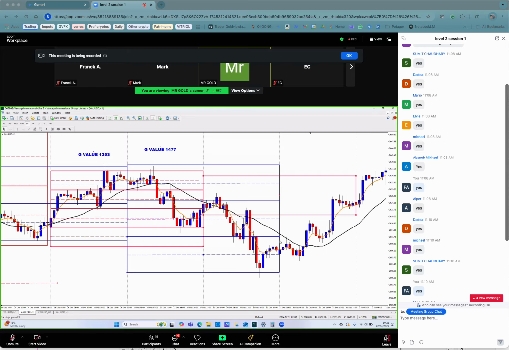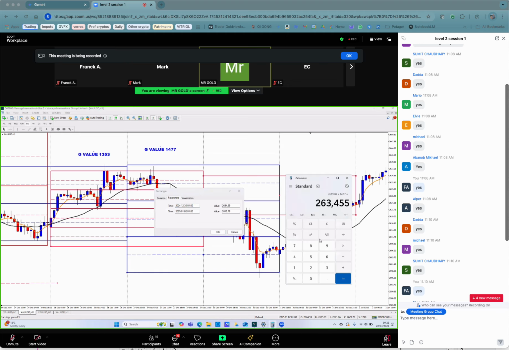Okay. I now need the half line. So for the half line, we add the top and the bottom of the box and divide by 2. So let's get the half line. 2619.78 plus 2634.55 gives me this, divide by 2, gives me a half line value of 2627.165, round it up, 2627.17.